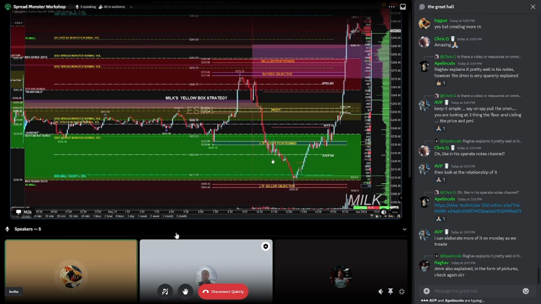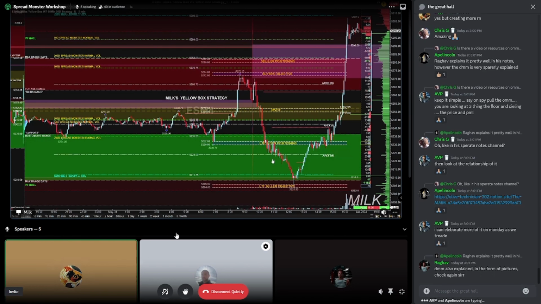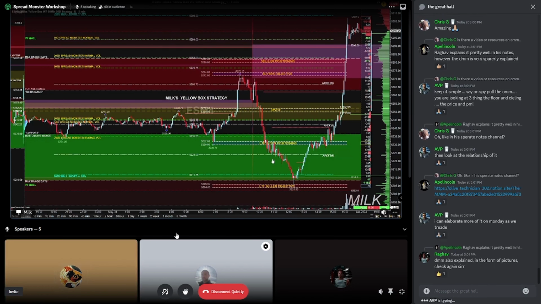From that, I basically leveraged delta. I bought way out of the money when my contract is at a low delta, and delta represents the options price movement related to the stock. So an 80 delta means 80% of the stock's price movement is reflected in the options movement.